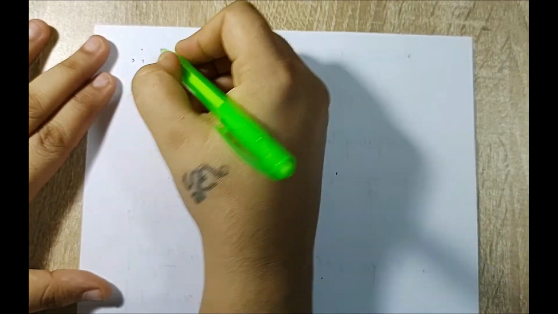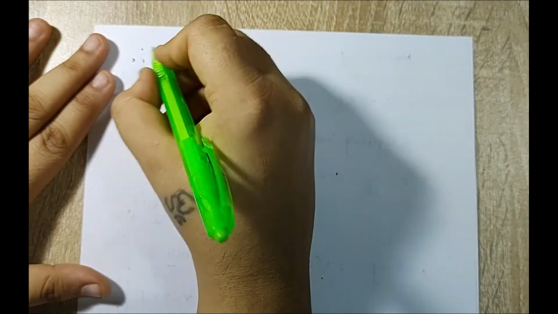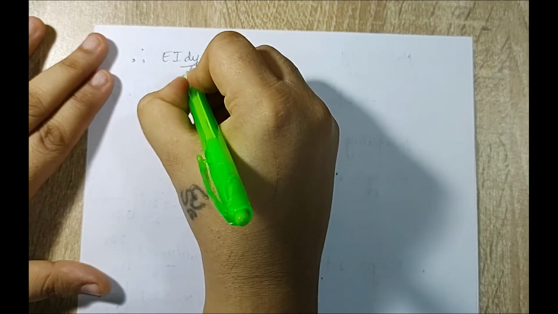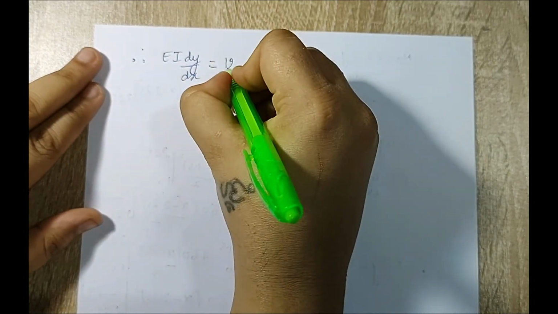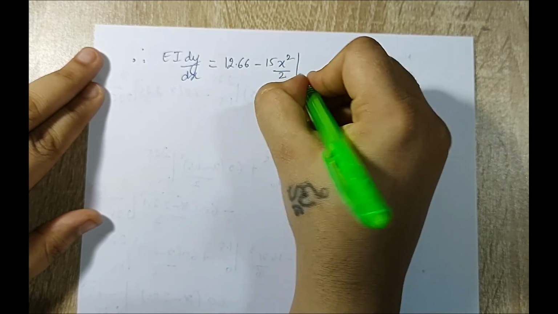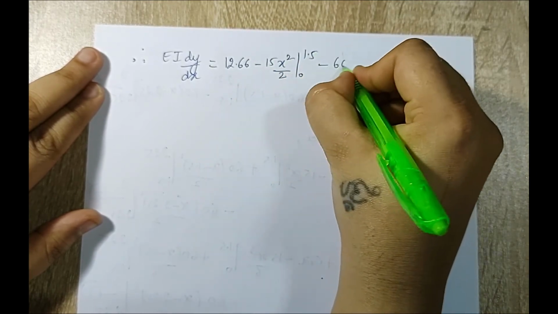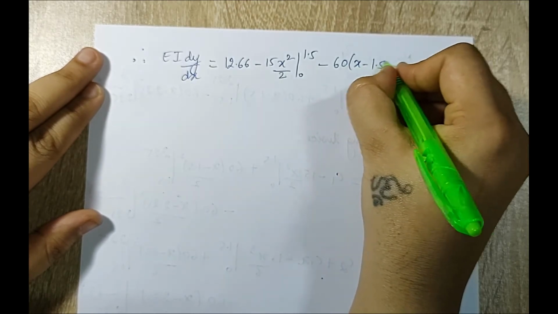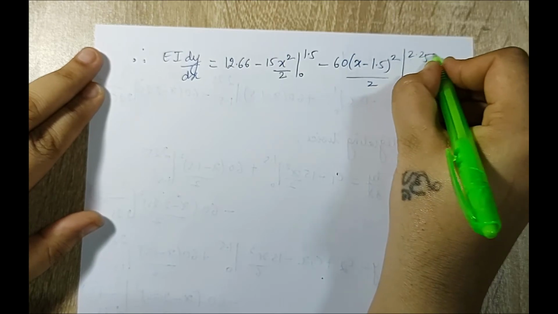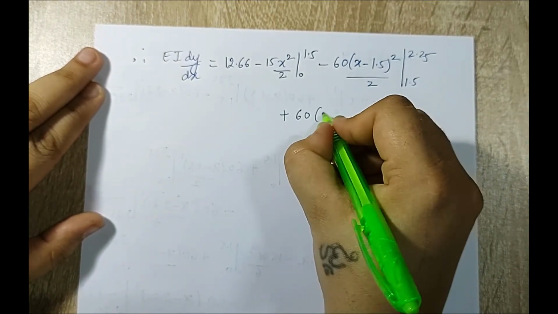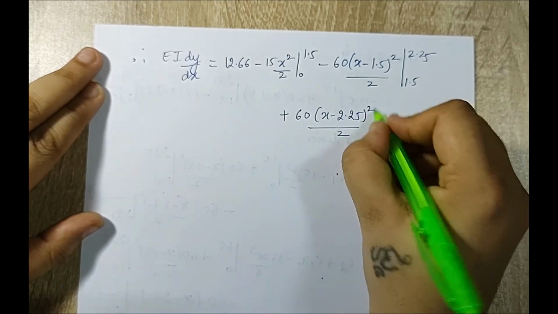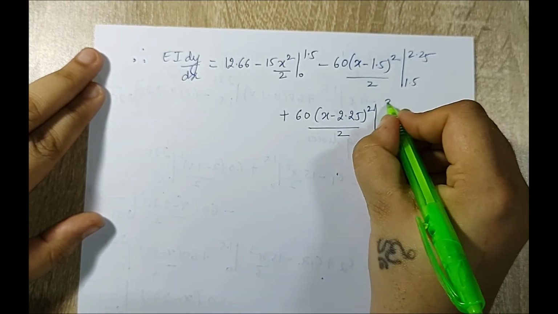So therefore, when I rewrite the equation 3 and 4, I'll get EI dy by dx is equal to 12.66 minus 15x square by 2 from 0 to 1.5 minus 60 into x minus 1.5 square by 2 from 1.5 to 2.25, and I have plus 60 into x minus 2.25 the whole square by 2 from 2.25 to 3.